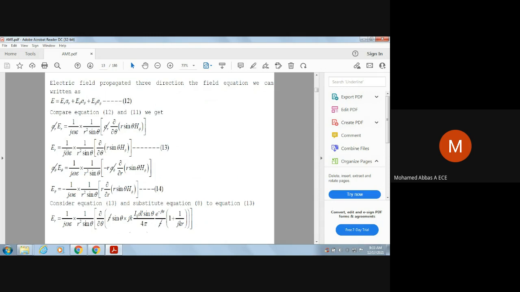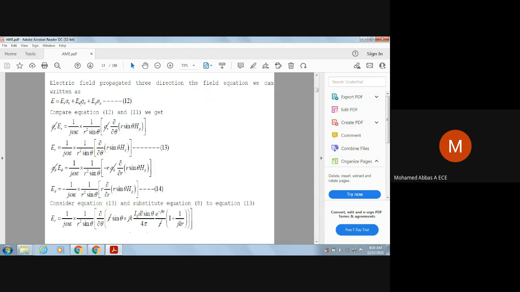So we get 1 by j omega epsilon into 1 by r square sin theta into ∂/∂theta of r sin theta H phi. Now H phi is already calculated, so we can substitute that value and find Er.